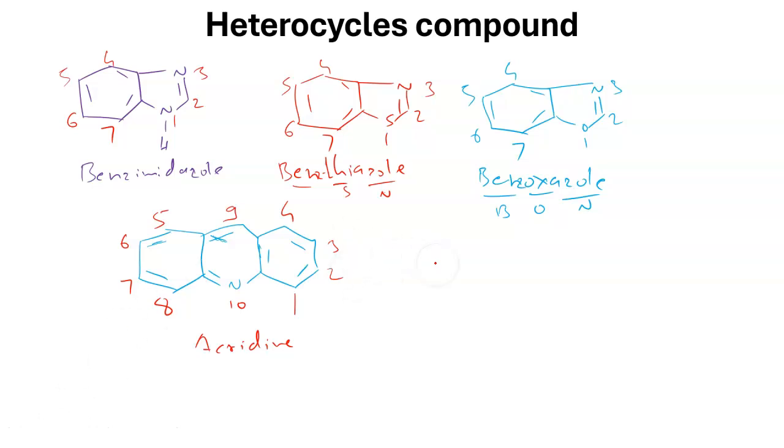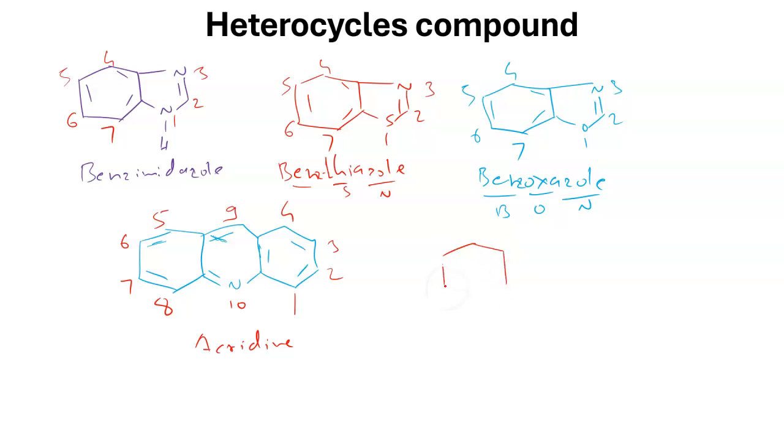There are some exceptions in the case of heterocycles, that all the rules of numbering are not similar for all the heterocycles. Like we have seen isoquinoline, it starts from carbon number 1, not from the nitrogen. Similarly acridine.